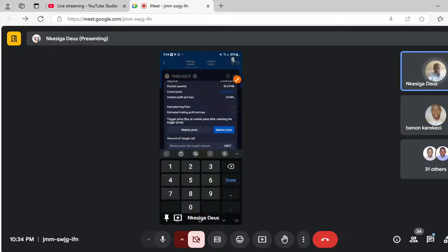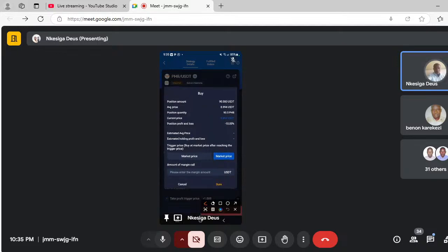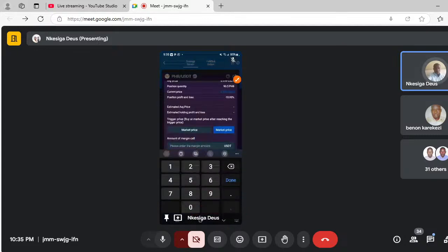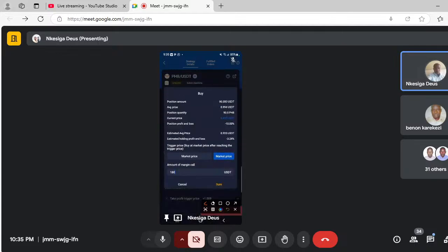We said that we want to double, so we put 180, because we should put an amount which is double 90. Let's put it there: 180. And remember, the negative was 9. But when you see here, if I try to put 180, automatically my negative reduces from 9 to 3.2.